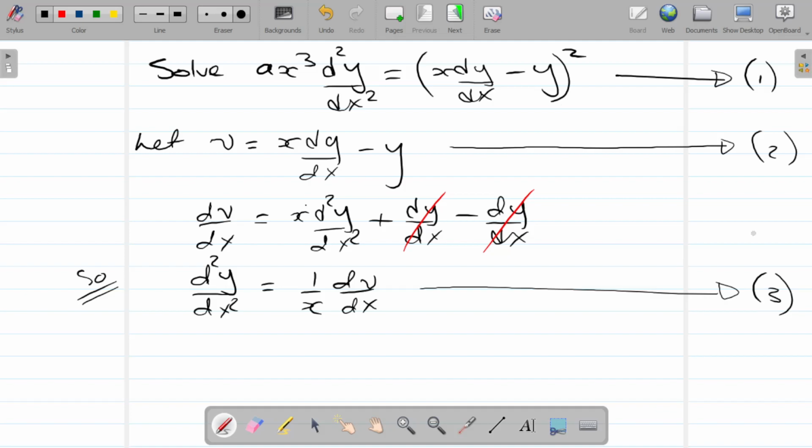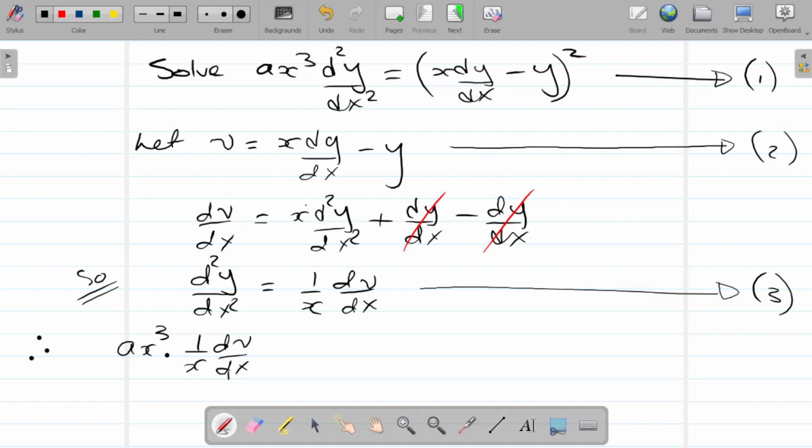So substituting equations 2 and 3 into equation 1, we get a x cubed times, well, we're substituting this term in for d squared y by dx squared, so we get 1 over x times dv by dx.